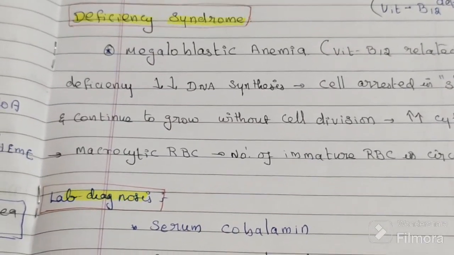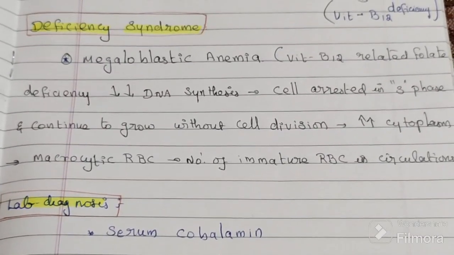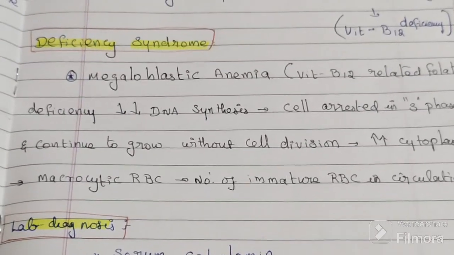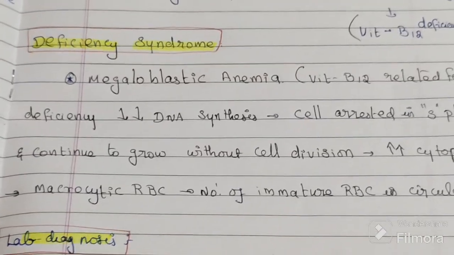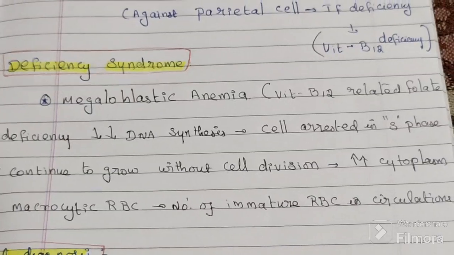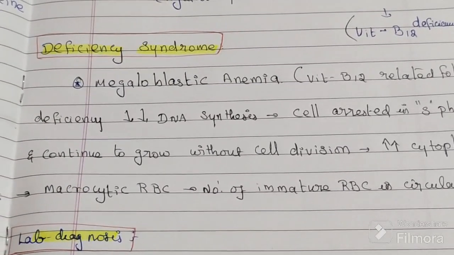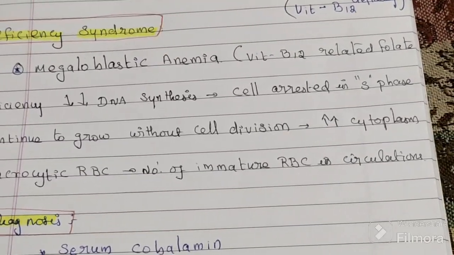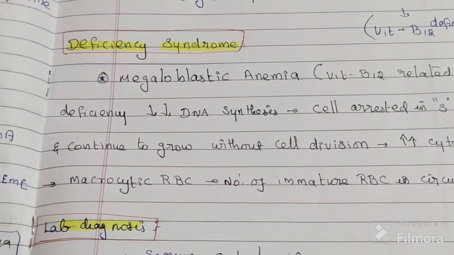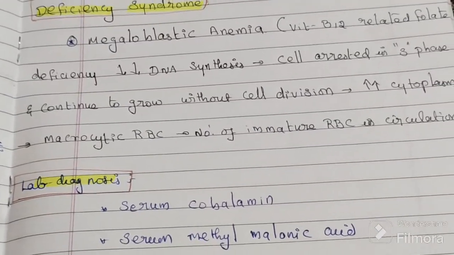That's why there is an increase in cytoplasm, which leads to macrocytic RBCs, and immature RBCs are present in the circulation.